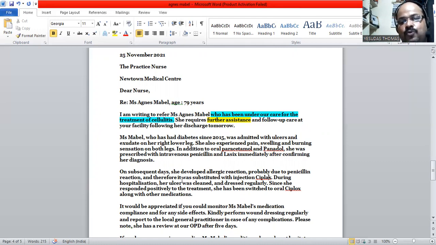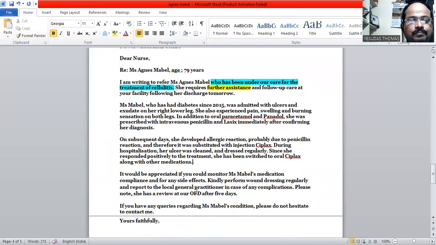So therefore it was substituted with injection Ciplax. During hospitalization, her ulcer was cleaned and dressed regularly. Since she responded to the treatment positively, she has been switched to oral Ciplax along with other medications.